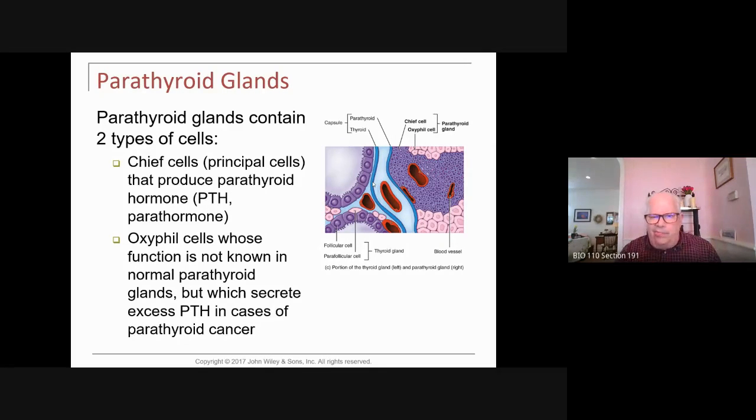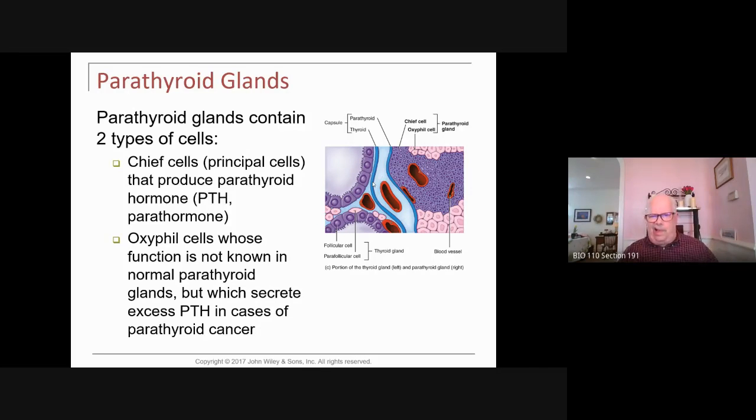This hormone is involved in calcium metabolism. When your calcium is low, the parathyroid chief cells produce PTH to raise your calcium. This is the only cell that's important in the parathyroid gland.